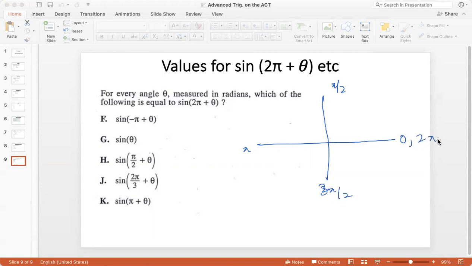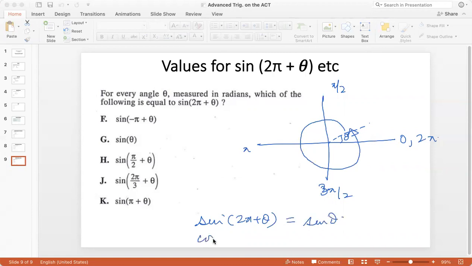So if I have to find, let's say, sine 2 pi plus theta, let's say this is theta, sine 2 pi plus theta would basically go like this and come back to this same place, right? So this will be the same as sine theta. What about cos 2 pi plus theta? The same. It would go all the way around and come back. So this is cos theta.